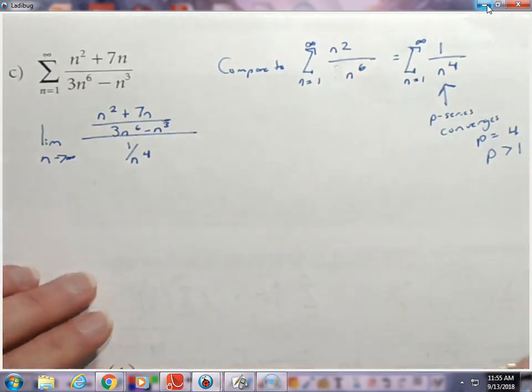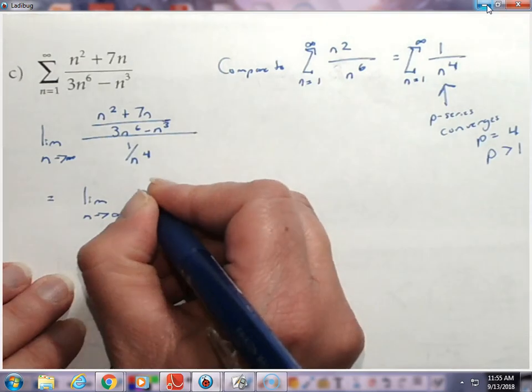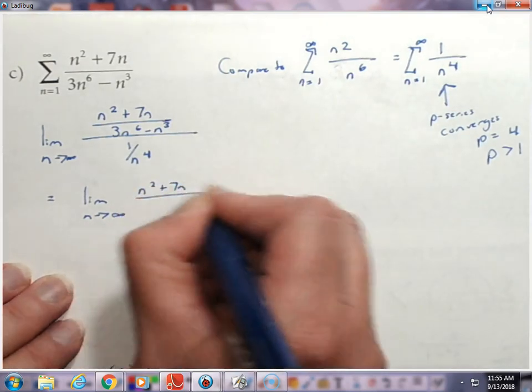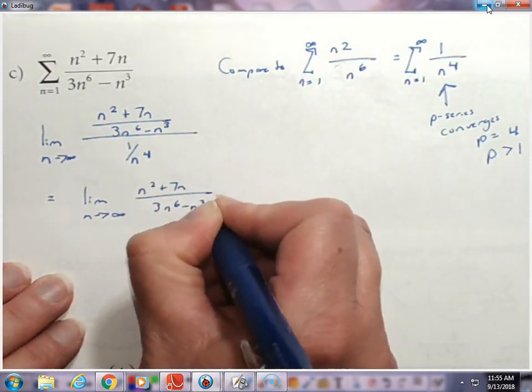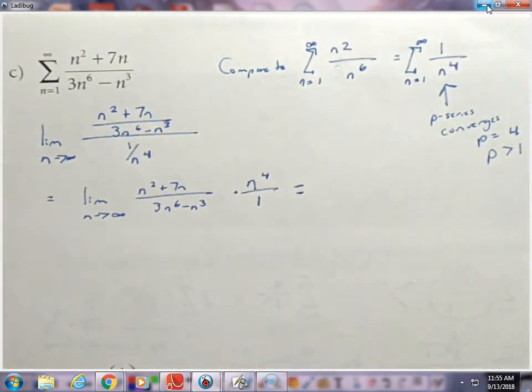I'm going to change it to multiplication and flip the second, one over n to the fourth. So it was divided by 1 over n to the fourth, so I changed it to times. It's your sequence divided by the sequence you're comparing to. So it's this divided by that.